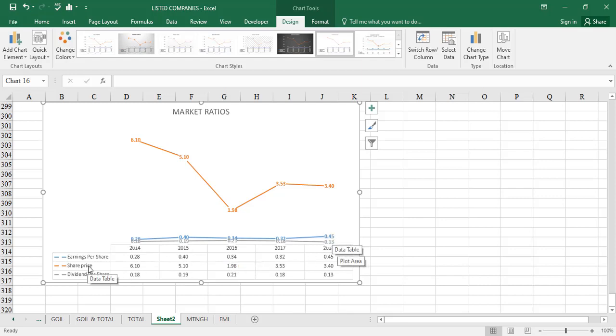So the earnings per share, like I said, is how much shareholders are receiving per the amount of shares that they have out of the total profits or the net profit of the company. So in 2014, you realize that the company's earnings per share was 0.28 or 28 pesewas.